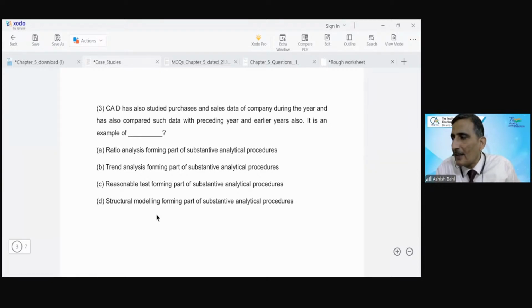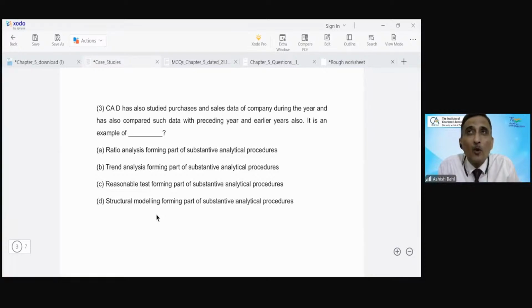Yes, quickly, Tejaswin, I request you to share the page number of module 4 where this example is given, for the benefit of students. Yes, Tejaswin has given the page number.